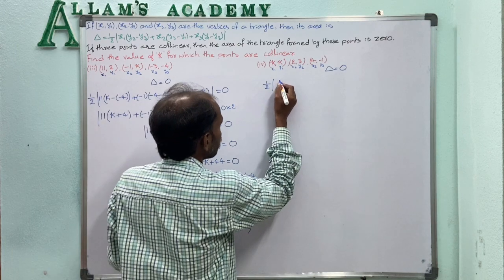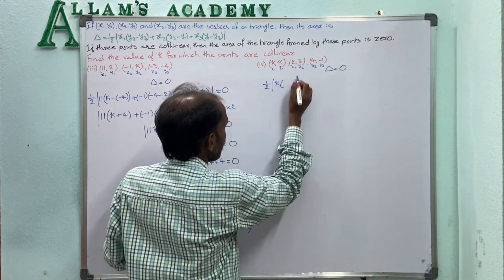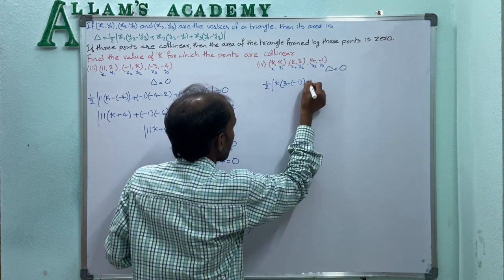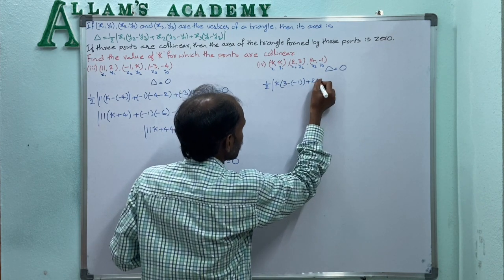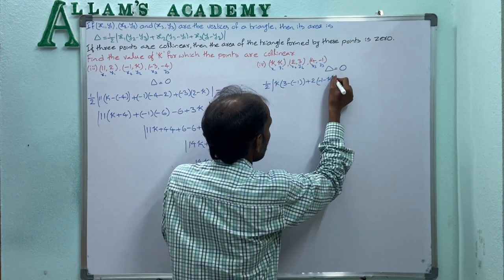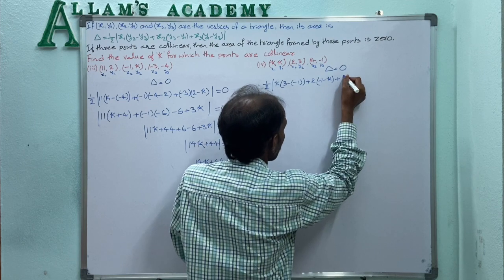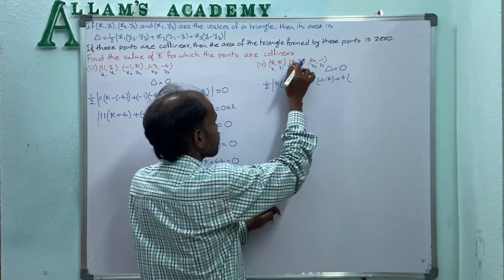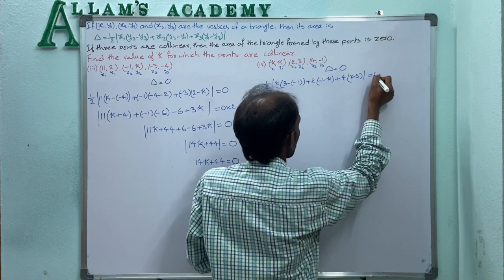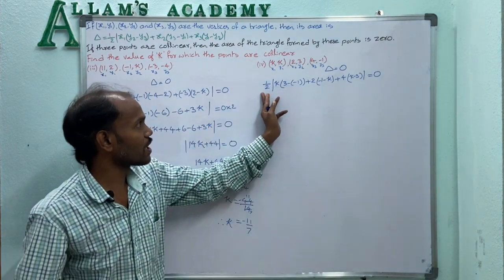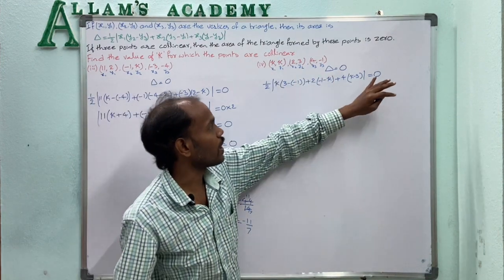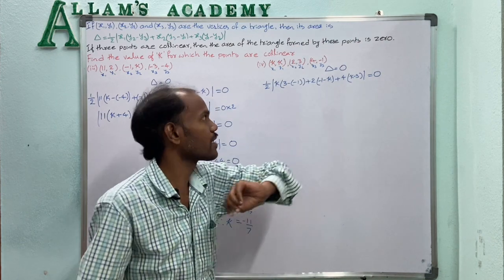That equals mod of x1 k into y2 minus y3, 3 minus half minus 1, plus x2 2 into y3 minus y1, minus 1 minus k, plus x3 4 into y1 minus y2, k minus 3, is equal to 0. Now the division transfers to the RHS, that is the product, so 0 into 2 is 0 only.